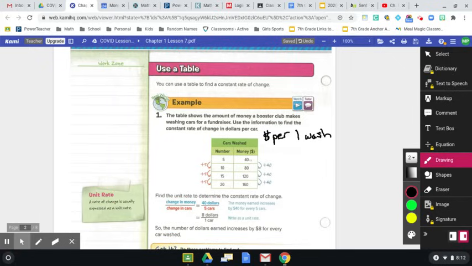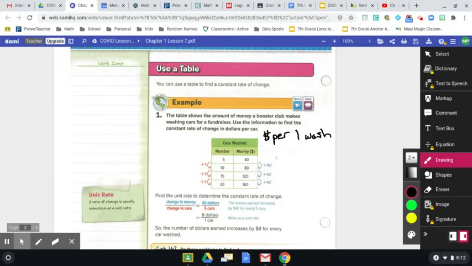Well, here you can start to see it's $40 for 5 cars washed, $80 for 10 cars, $120 for 15 cars, and $160 for 20 cars.